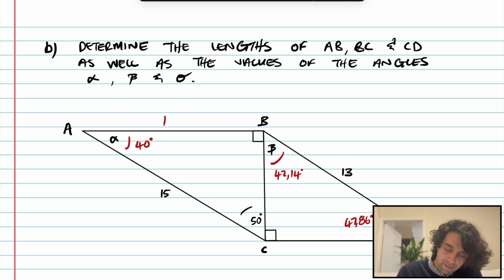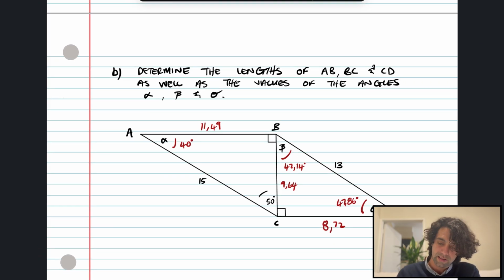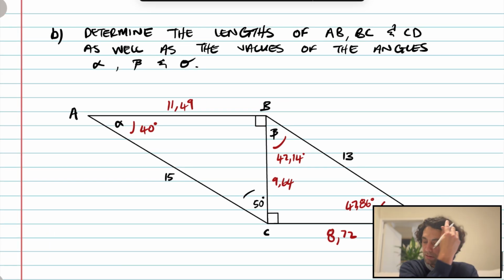At the top here, AB came out to be 11.49 units. BC, which is our common side, came out to be 9.64 units. CD came out to be 8.72 units. And that is that. So check your answers, check if you got all of those correct.